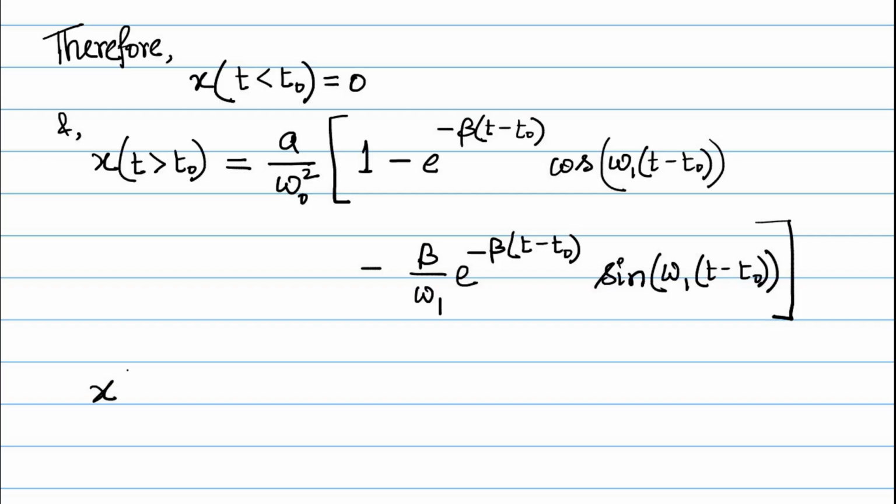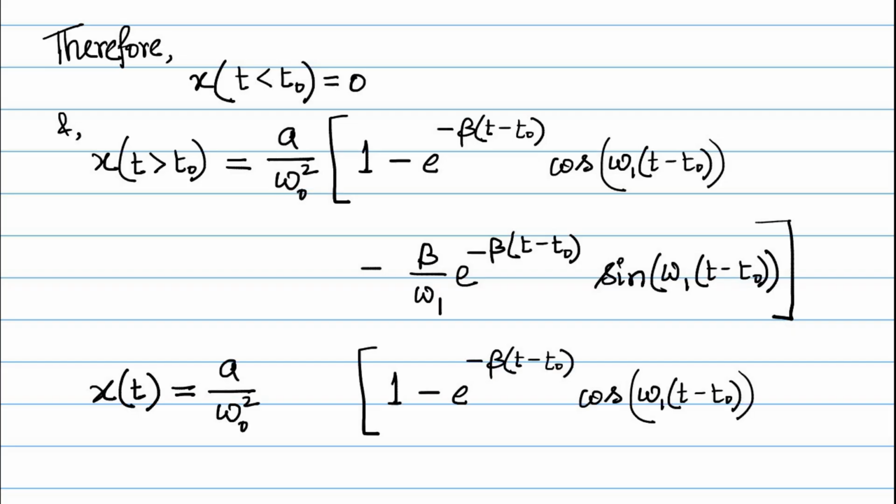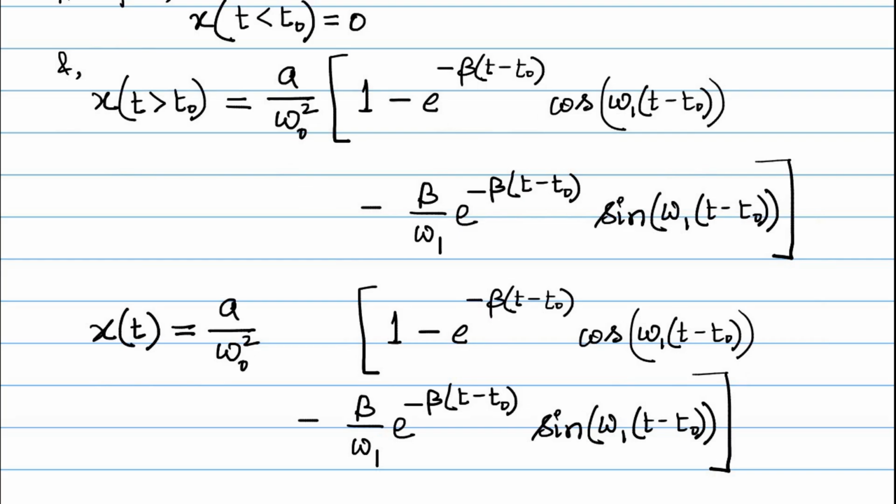So we have x of t, now for all time. There is no time limit, and the discontinuity is contained in the step function. There is the prefactor, the first two terms of the square bracket, the last term of the square bracket, and all we need is a step function which provides the desired jump at t naught.